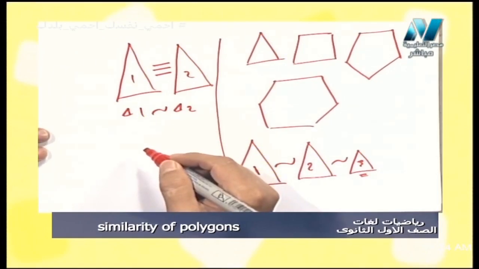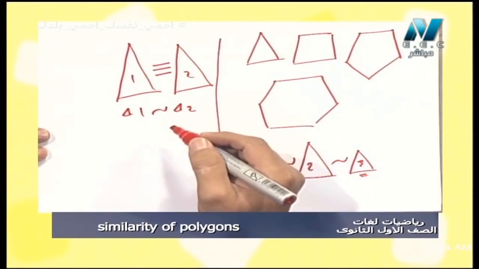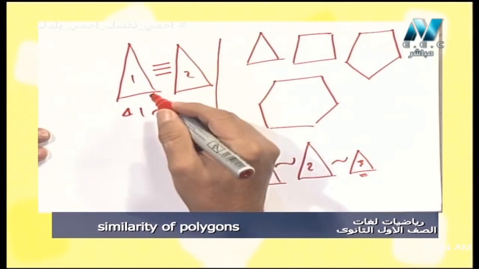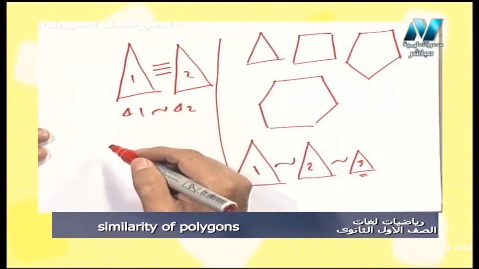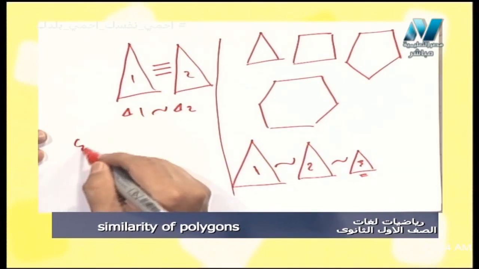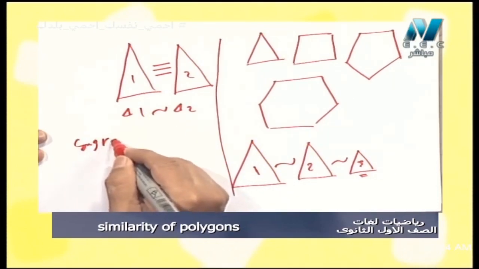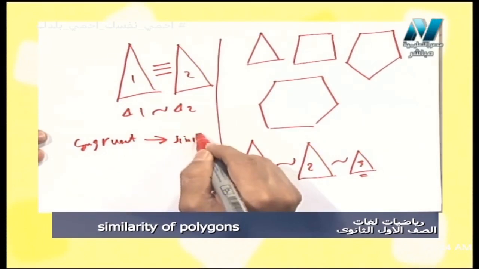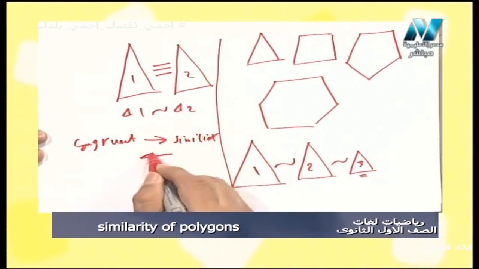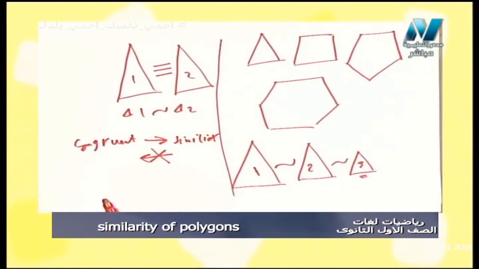But if we have two similar polygons, they are not necessarily congruent. That means that congruent leads to similar, but vice versa is not true. Okay, let's move to an example here.